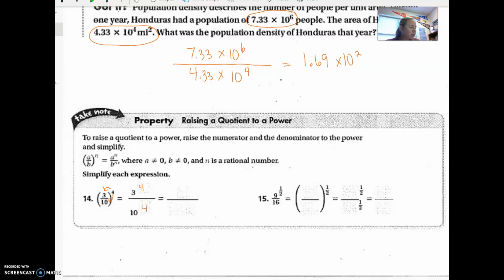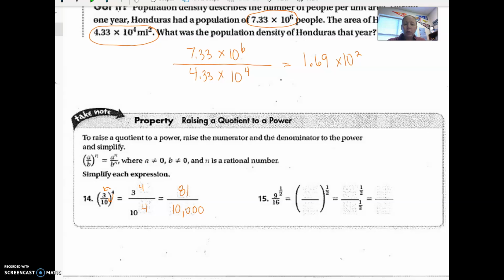And then, of course, we could simplify it from there. So 81 over 10,000. Okay. If it's not in parentheses, though, we would not distribute it to both the numerator and the denominator. So the parentheses show that we're doing the whole quotient to the power.